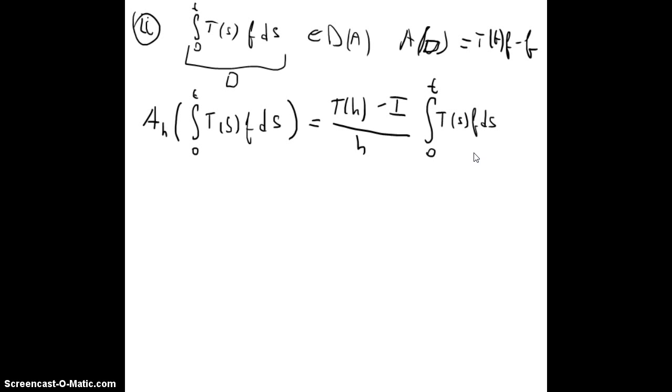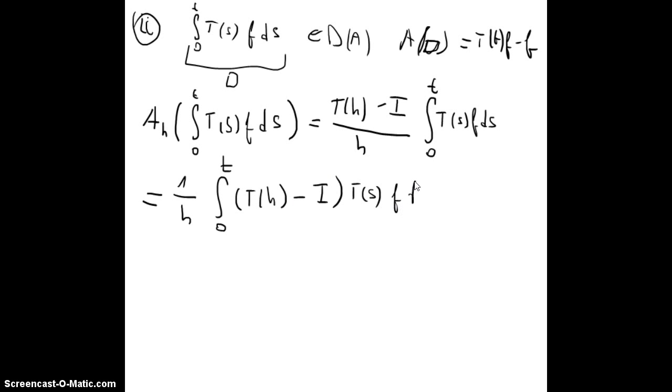Okay, and this T depends on h, so we can rewrite this as 1 over h times the integral from 0 to t of (T_h minus I) all multiplied by T_s f ds.